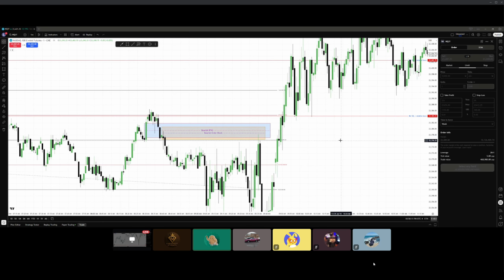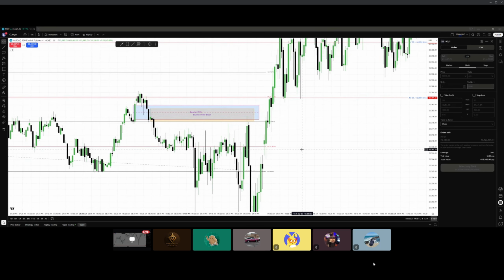So bearish inversion. I mean, that's about it. Now you got your volume imbalance that's right here that it tapped off of as well. But there's two confluences right there that you could take to the downside. So there's more than two.